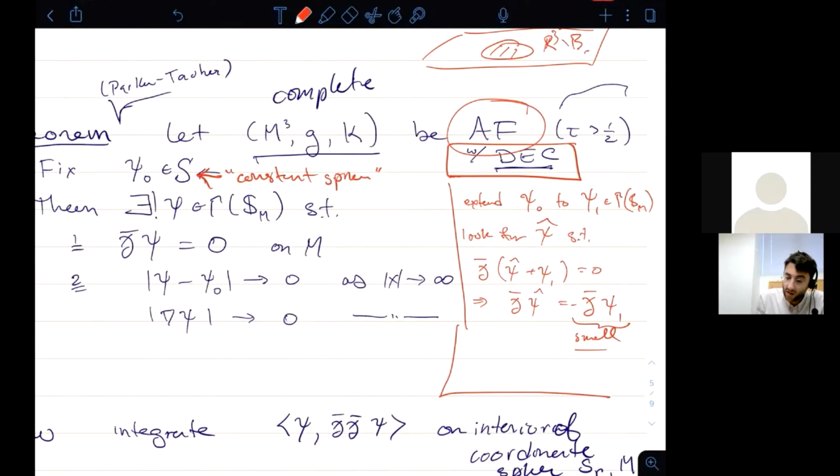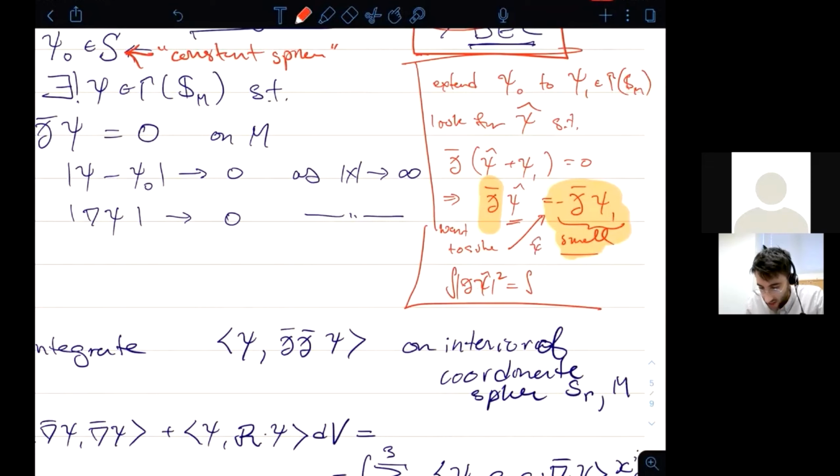So you want to solve an equation like this. You think of the right-hand side as some given thing, and you are seeking a psi hat that solves this Poisson equation.